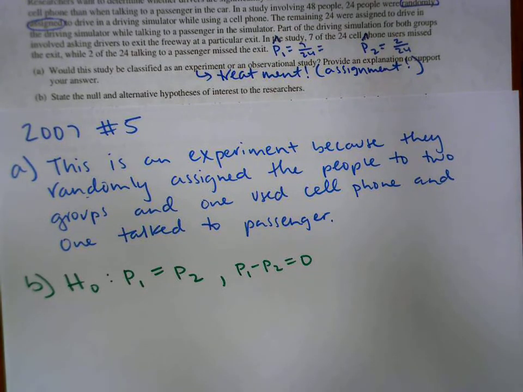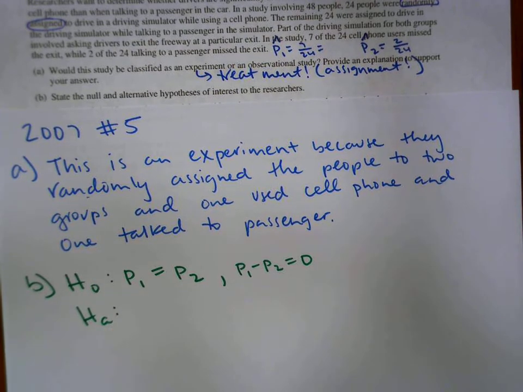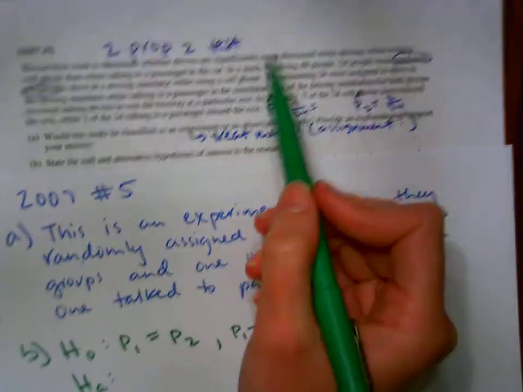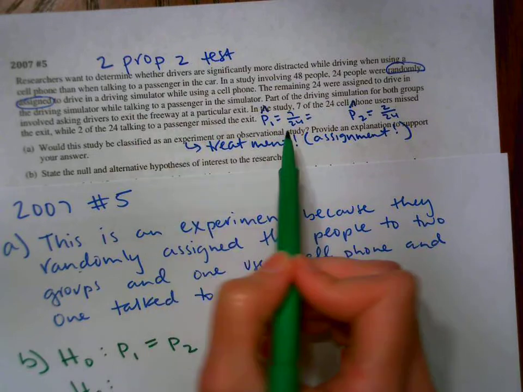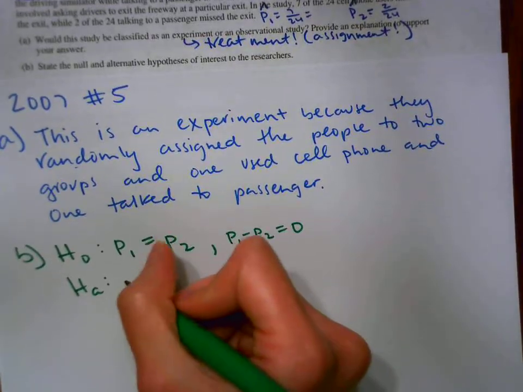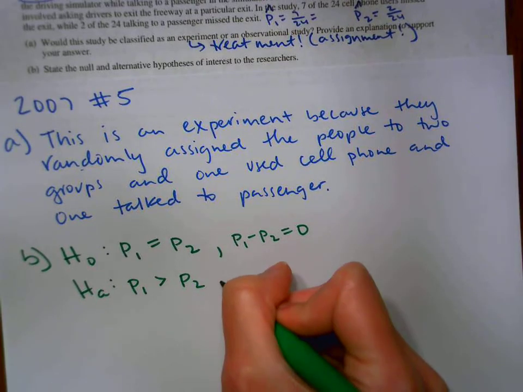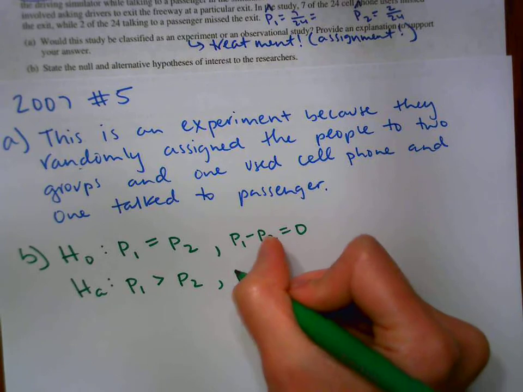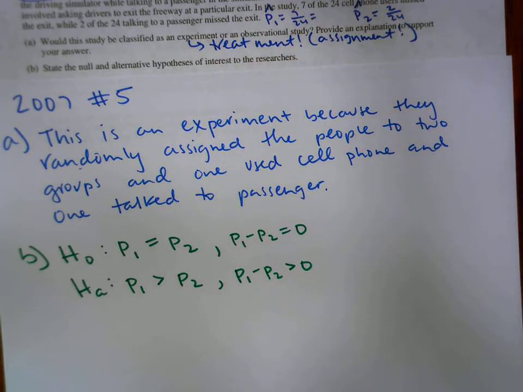Your null is always no difference. Now your HA is, what do we think? They want to test if drivers are significantly more distracted while using a cell phone, which we're going to call P1. So we want to test is P1 greater than P2. If you move that over to the other side, that'd be P1 minus P2 is greater than 0.